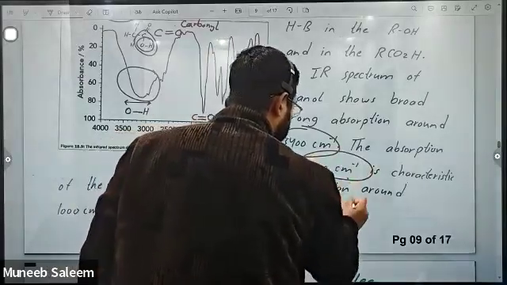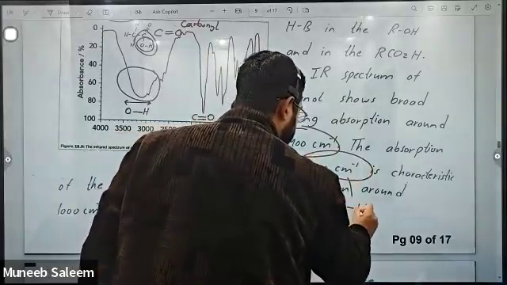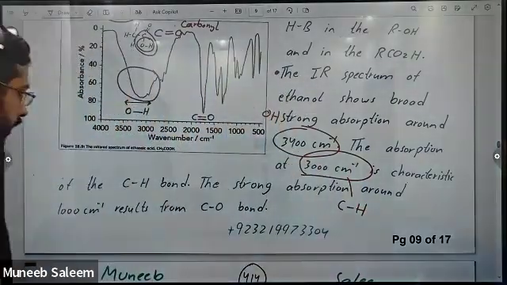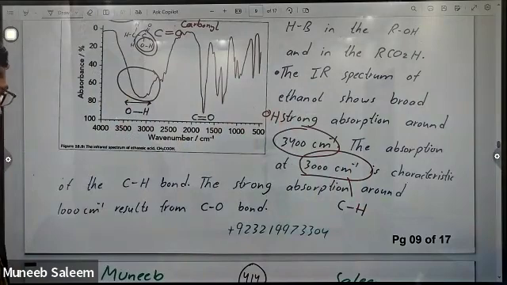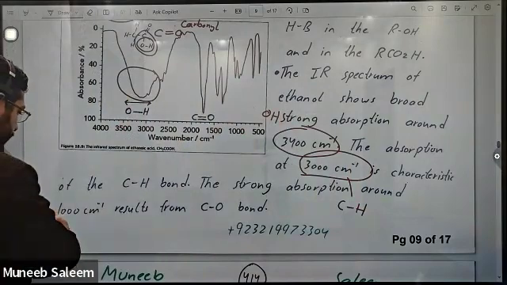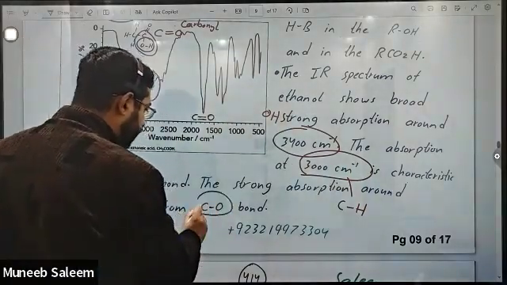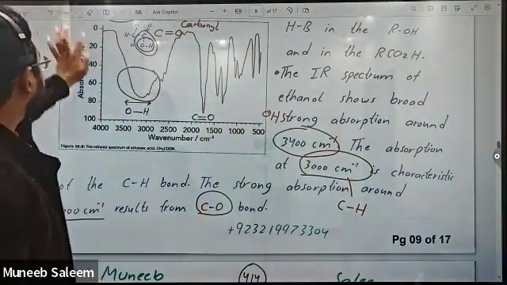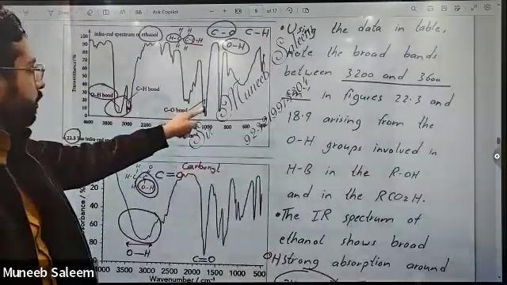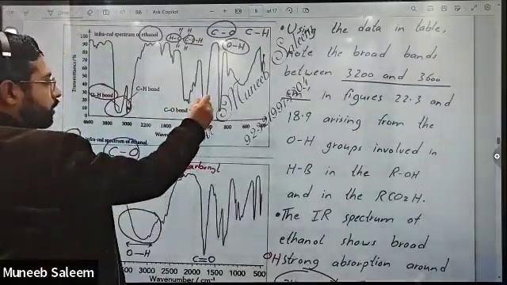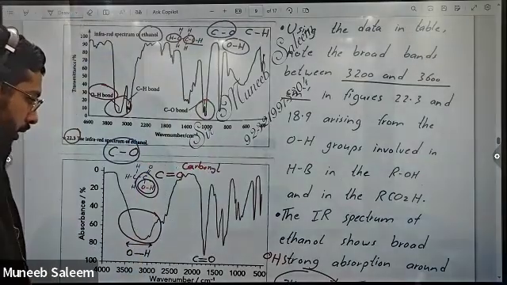This goes to the CH bond. Now, that's the case here. The strong absorption peak around 1000 per centimeter results from the CO single bond. Now, the CO single bond in case of the alcohol is present here, at 1000 per centimeter.